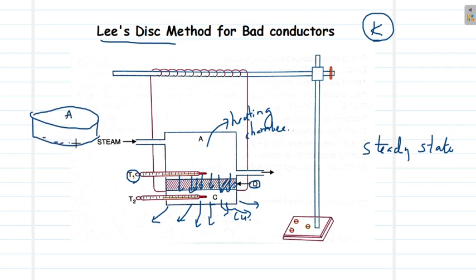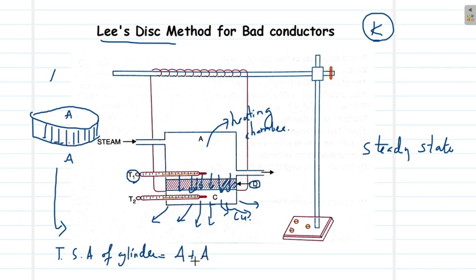Then beneath we have another circular area A. And here we have a cylindrical shaped region around. Total surface area of the cylinder is equal to the circular region above, then a circular region below, and then the curved surface S.